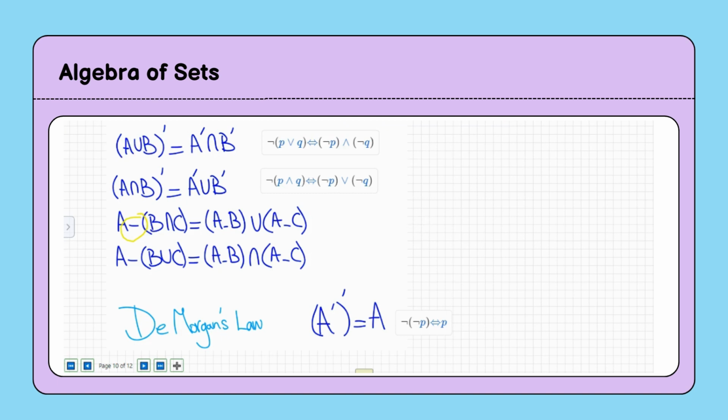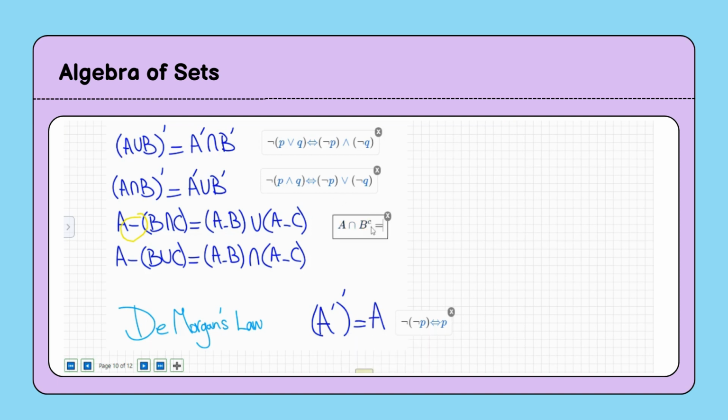Look at how the A minus B and C works, because we have something that I am writing right here. So A intersection B complement is the same as A minus B. And you can draw the Venn diagram to see why, but this works. If A and B are two sets, A intersection B complement is the equivalent of A minus B, right?